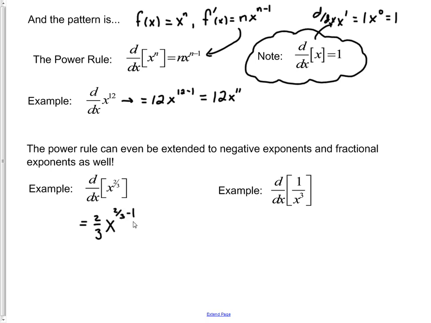Well, let's subtract 1 from 2/3. We just have to remember a little fraction addition and subtraction right here. We end up with negative 1/3 as the exponent here. And so our expression becomes 2/3 times x to the negative 1/3.